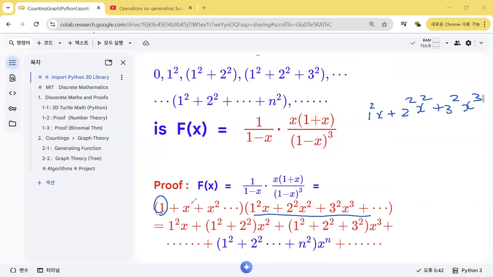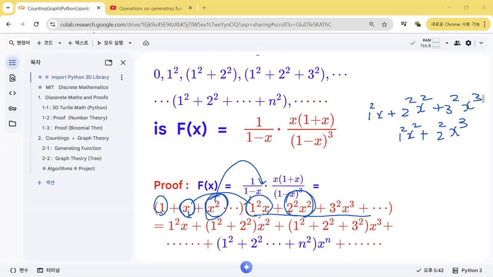Then what is x times this one? x times this one is one squared x squared plus two squared x cubed. Now how about the next one?